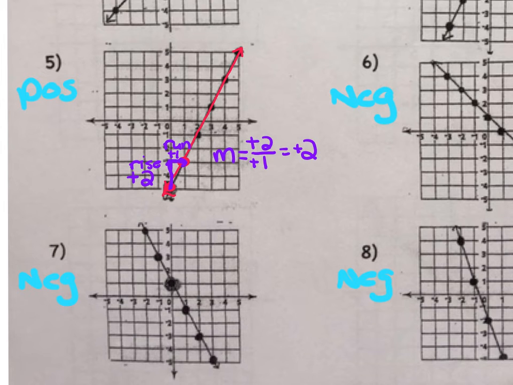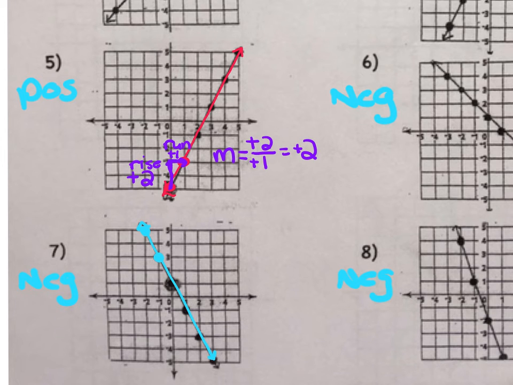But let's take a look at number 7. Number 7 has a negative slope. Clearly, this is pitching downward. Now darken the point furthest to the left, and then darken the next consecutive readable point. Move up or down first.